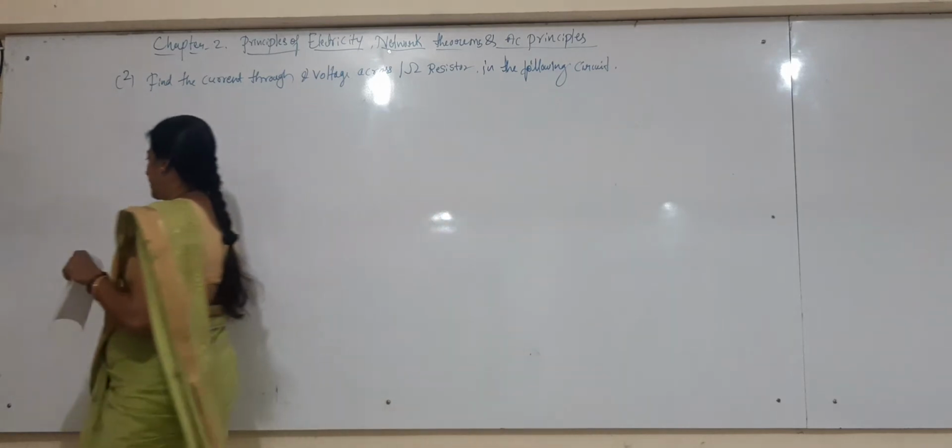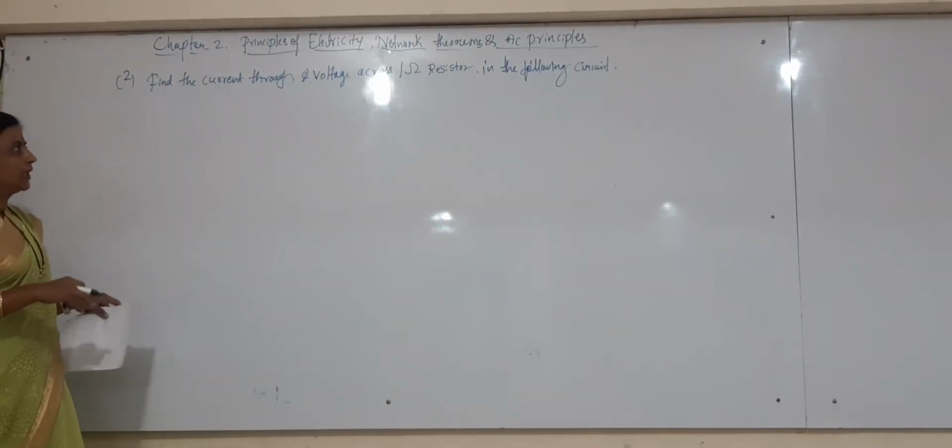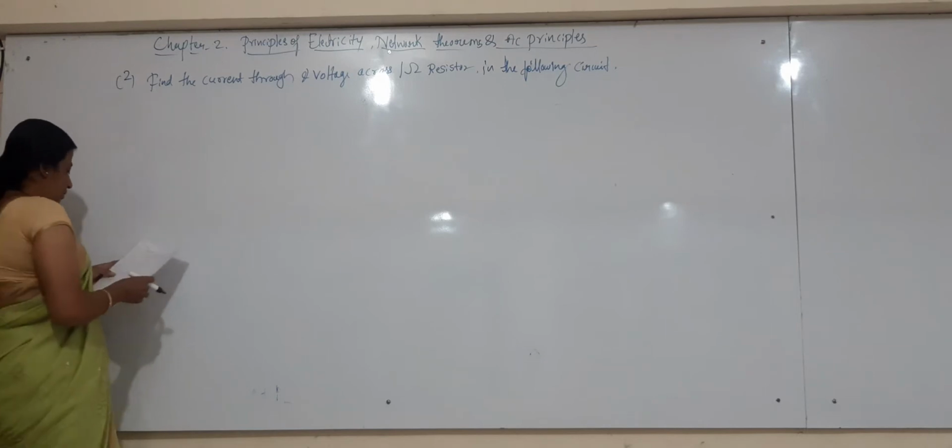So we have to find the voltage drop and current flowing through the 1 ohm resistor.